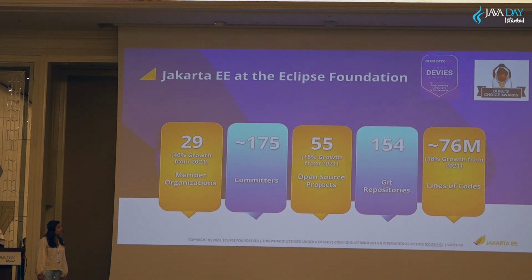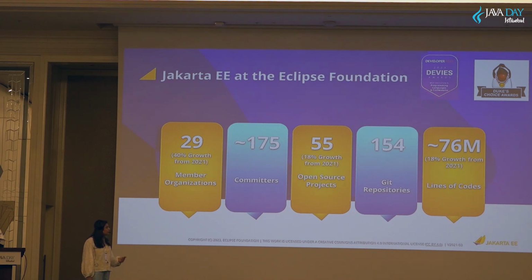Looking at Jakarta EE at the Eclipse Foundation, just by the numbers, you can see that we have around 29 member organizations, which represents around 40% growth year over year, and that's something that we're really proud of. We have around 175 committers working on 55 open source projects. That includes TCKs, compatible implementations, and the specifications.